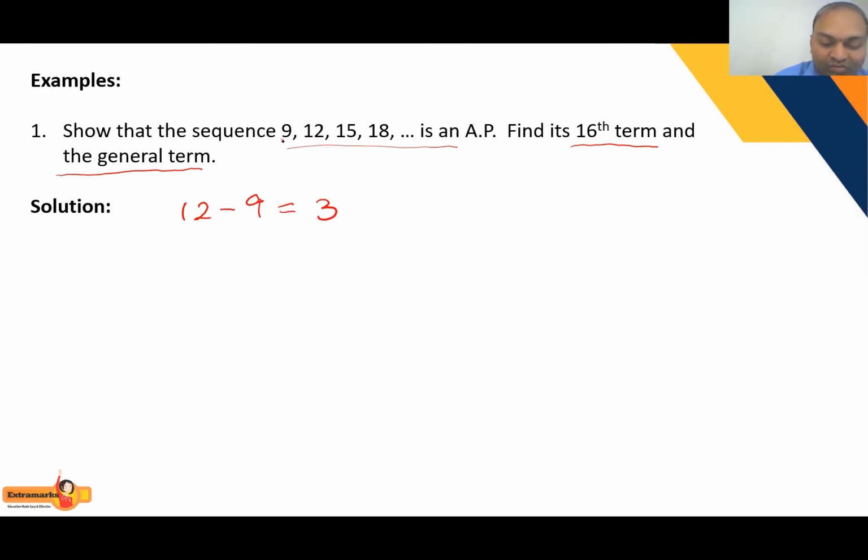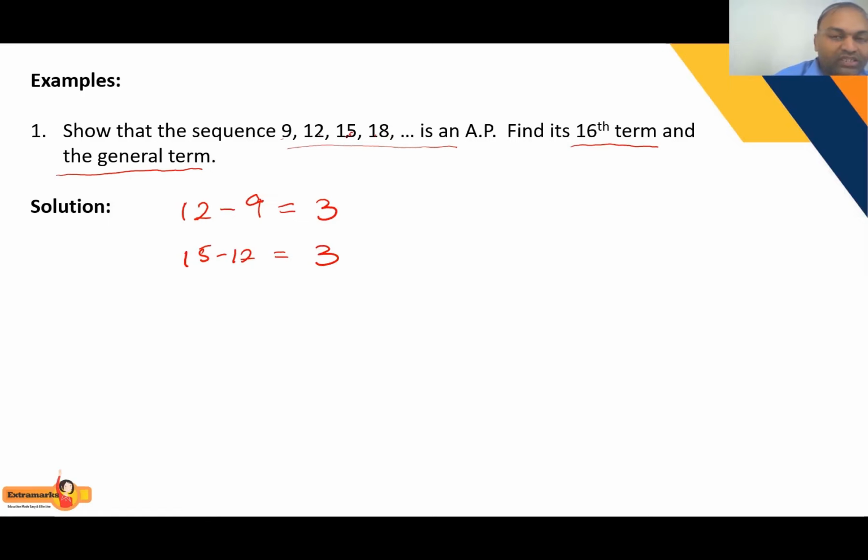These are all called what? First term, second term, third term, fourth term, and so on. Now third term minus second term. Here third term is 15 and second term is 12. So answer is 15 minus 12. Answer is 3. Right. Then coming to next one.